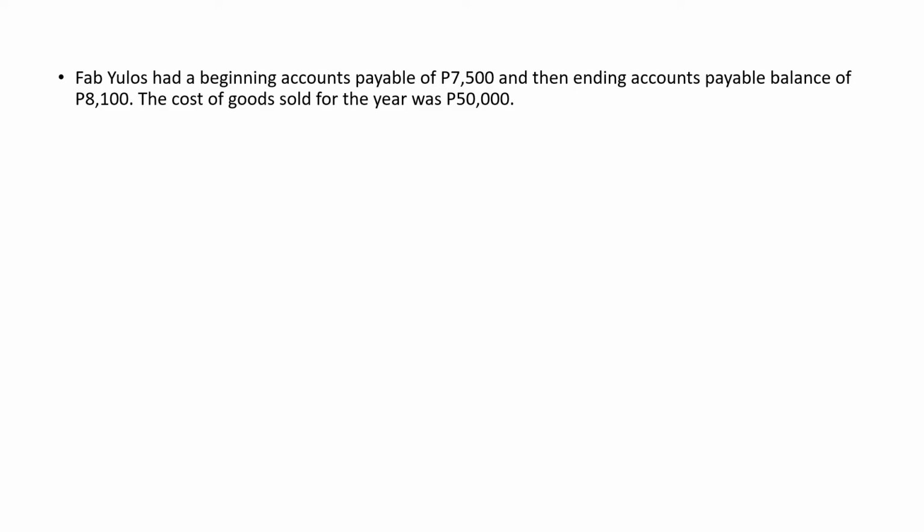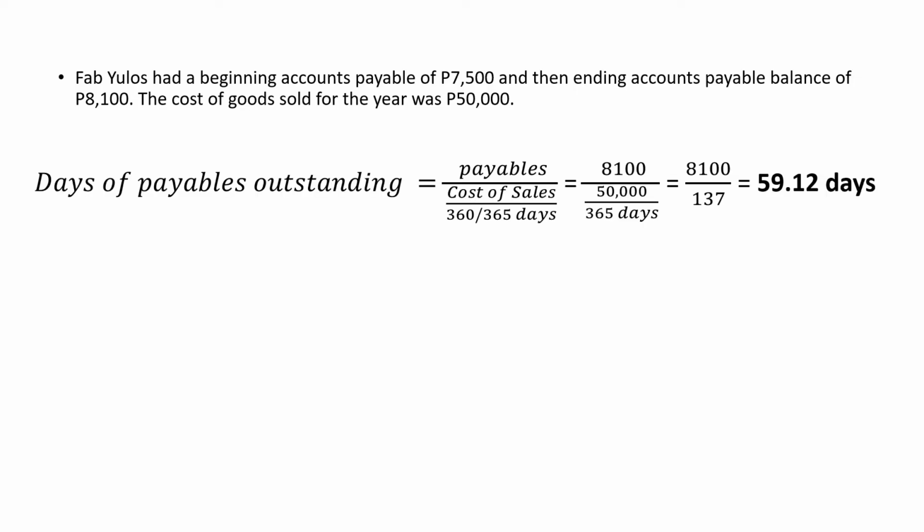Let us take this example. Fabulous had a beginning accounts payable of 7,500 and an ending accounts payable balance of 8,100. The cost of goods sold for the year was 50,000 pesos. Now let us compute this using this formula. Days of payables outstanding is equal to payables divided by cost of sales or cost of goods sold over 360 or 365 days.